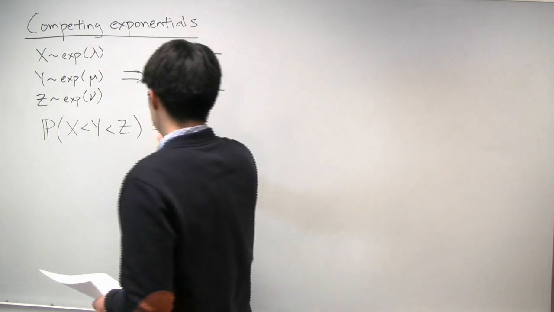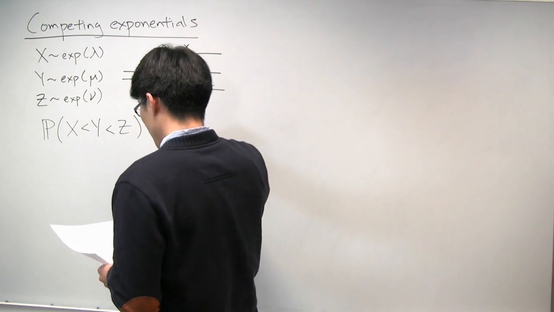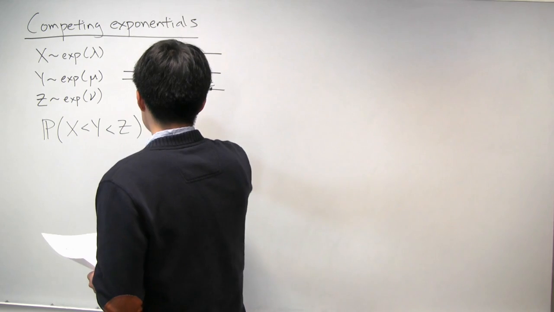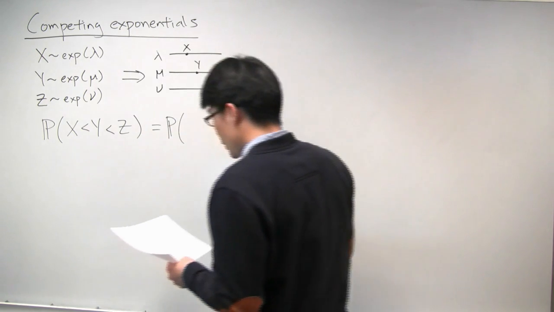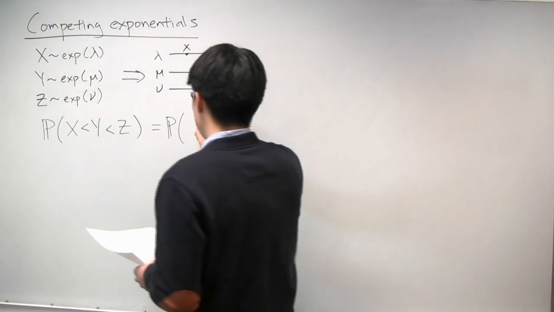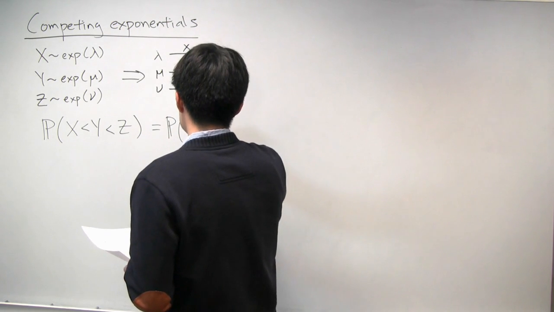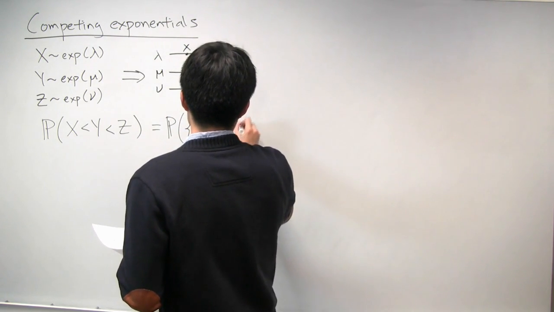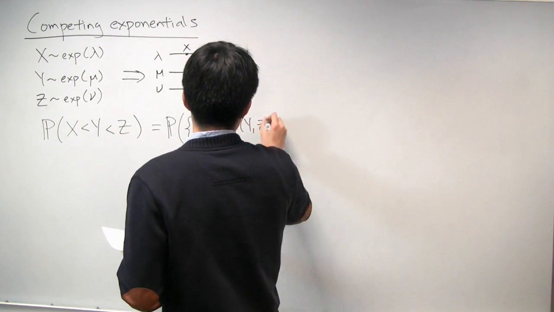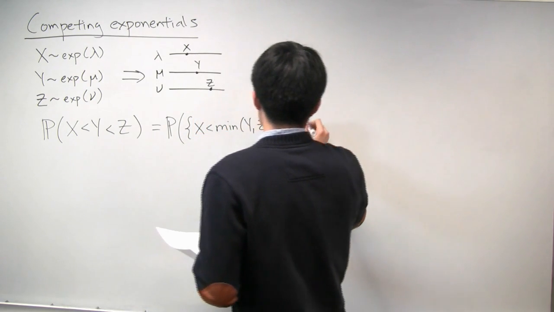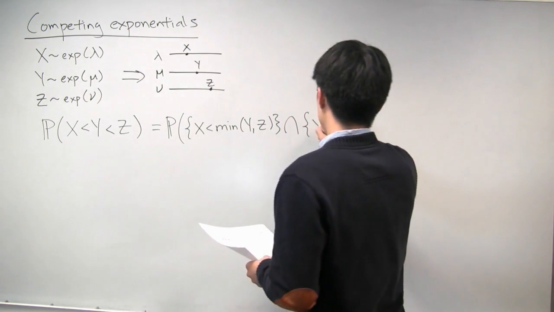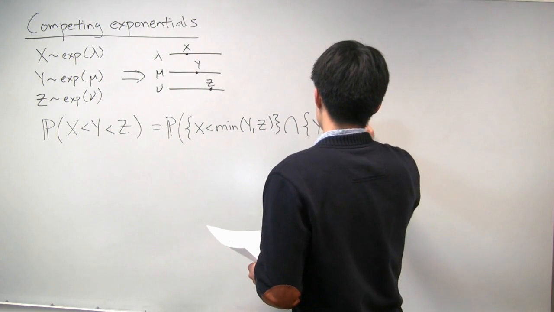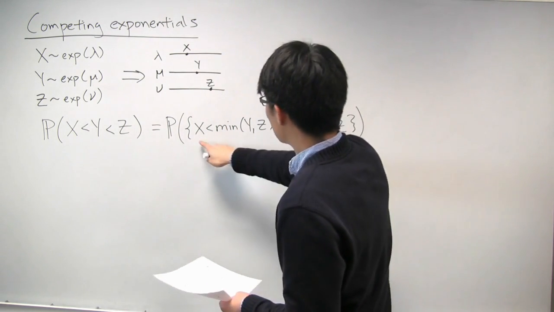We can rewrite this probability as a combination of two things occurring. One is that X is less than the minimum of Y and Z, and the other is that Y is less than Z. What does the first event mean?